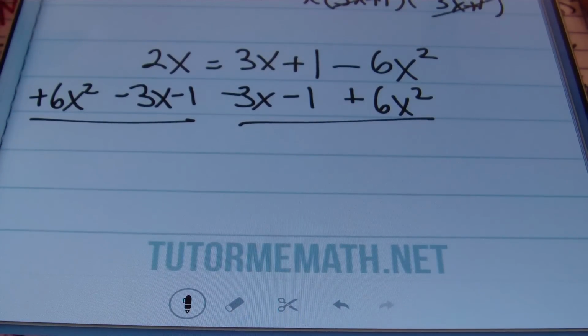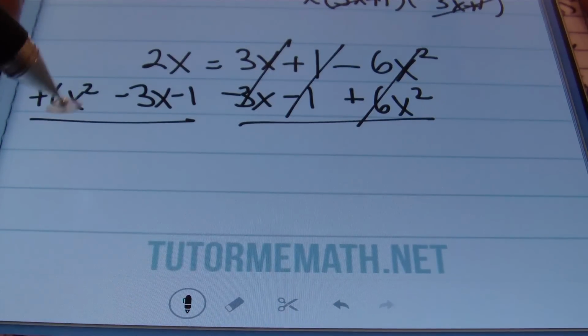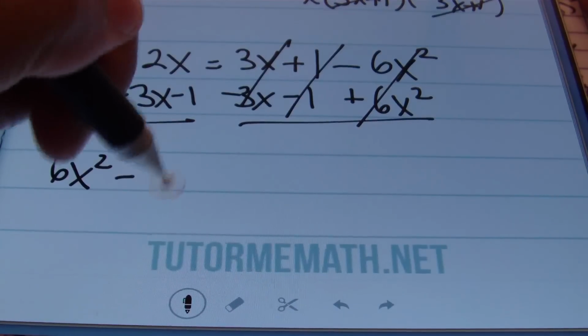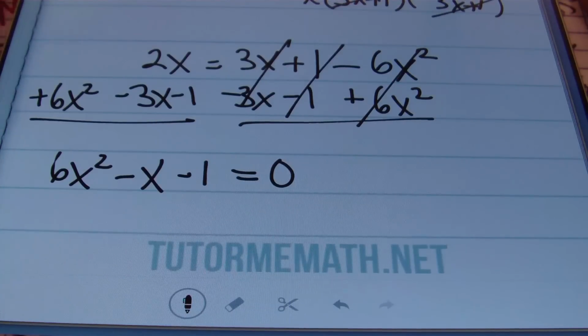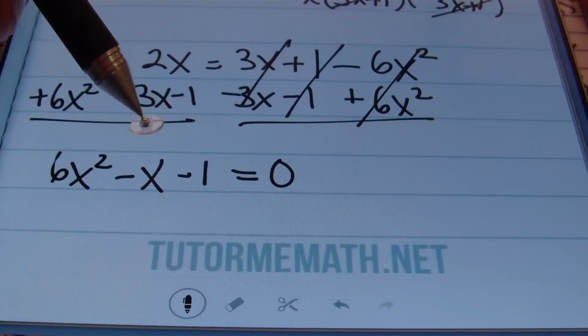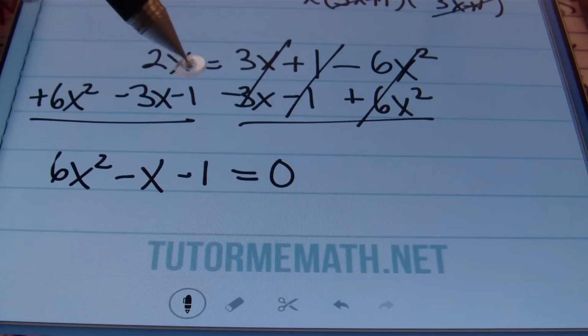So on the right side, all of this just cancels out. Goodbye. And I'll be bringing down 6x squared minus x minus 1, which equals 0. We got that by adding the 6x squared to both sides, so that 6x squared comes down. Combining positive 2x and negative 3x gives us a negative x, and then we just simply bring down that negative 1, and we set it equal to 0.